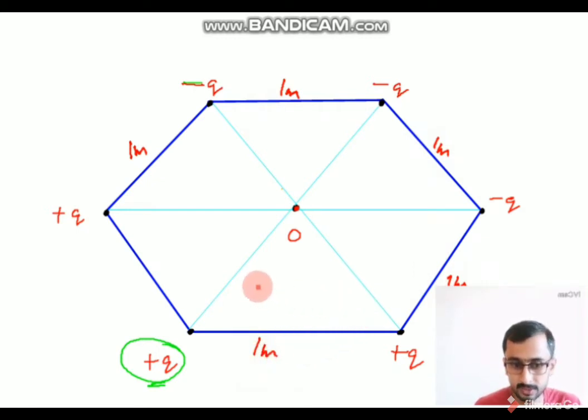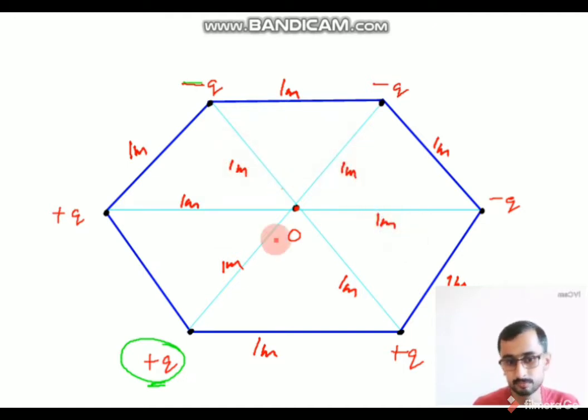If you consider a regular hexagon, this is also 1 meter. So each length is 1 meter itself, and from each charge the center is at a distance of 1 meter.